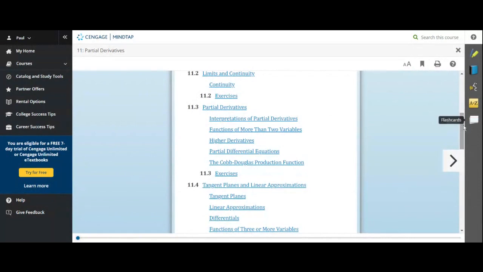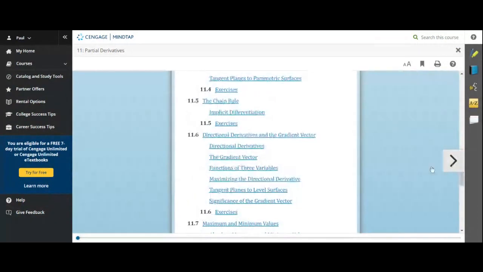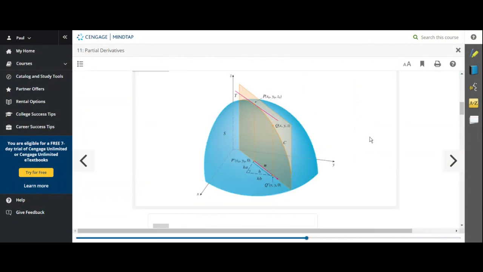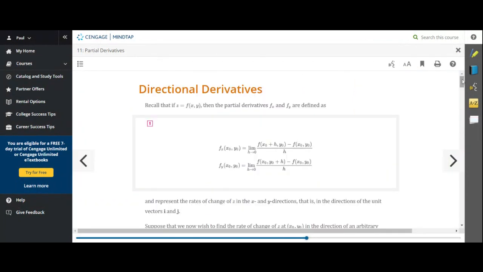There are many more directions that exist on a surface that we could look in, and those directions would also have slopes.